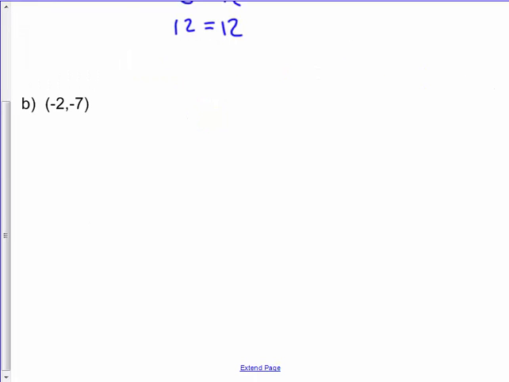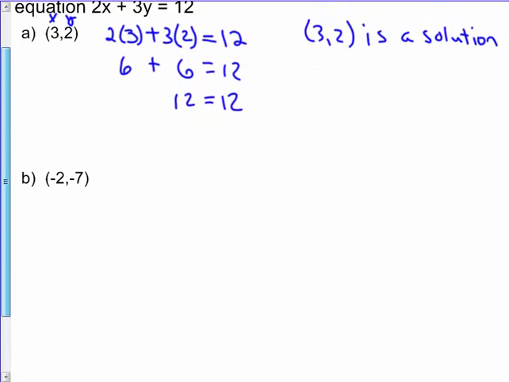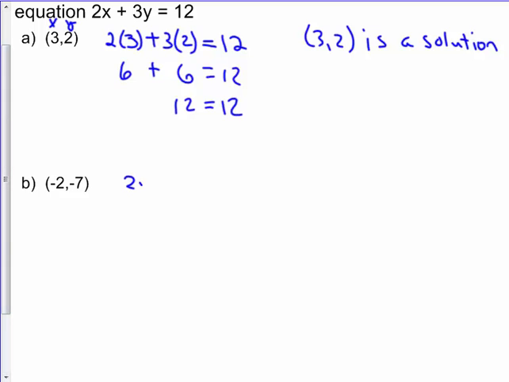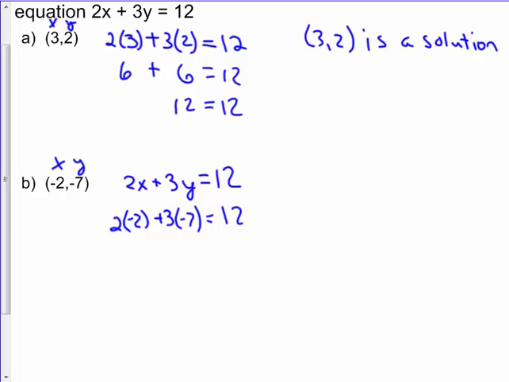I'm going to do the same thing with (negative 2, negative 7). I'm going to plug into the original equation. That equation is in standard form. So it's 2 times negative 2, plus 3 times negative 7, equals 12. I do a little multiplying here. 2 times negative 2 is negative 4. 3 times negative 7 is negative 21.